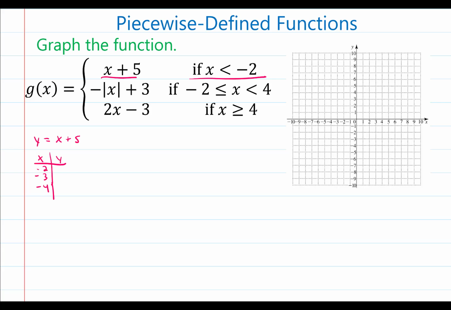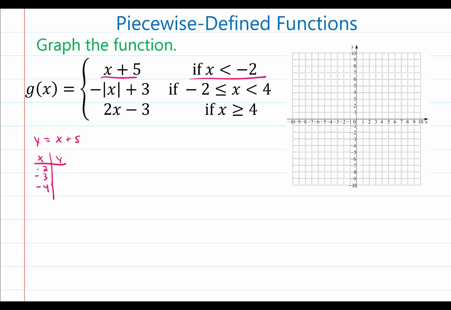And the reason I'm picking -2, even though it says x is less than -2 and not equal to -2, is because there are infinite values between -2 and -3 that need to be included on my graph that still satisfy that inequality. So think of -2 as a boundary.